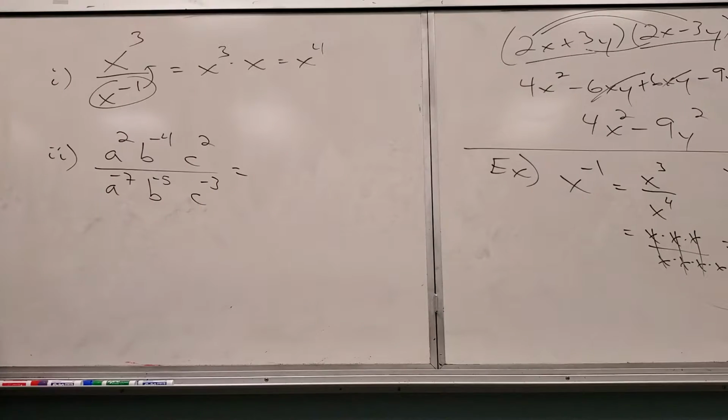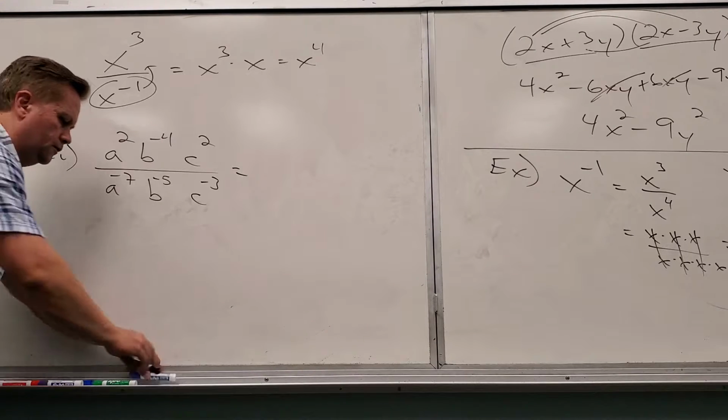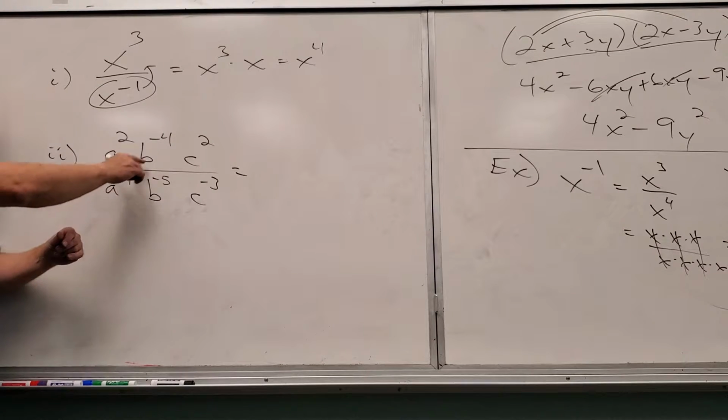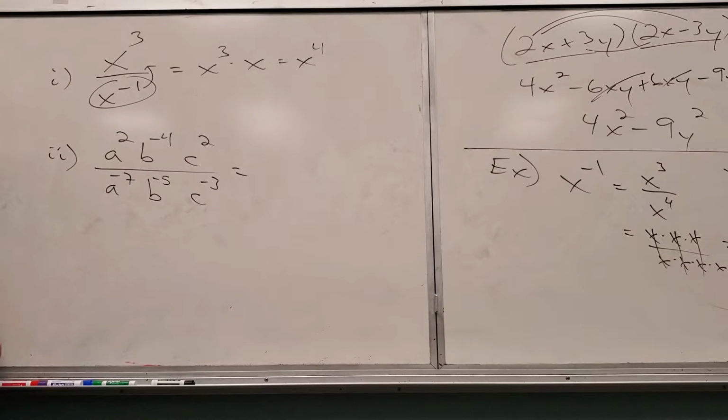So what I would do with this is a mamma jamma problem. What are the only things in that problem that want to move? Anything that's to a negative power, right? So you don't have to do what I'm saying. You could just apply the rule and subtract the powers and go from there.